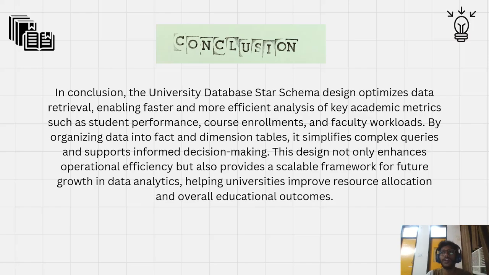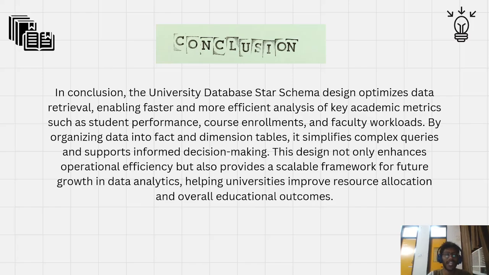So we have reached the end of our explanation. In conclusion, to say in brief, the university database star schema design optimizes data retrieval and enables faster and more efficient analysis for the institution to get the academic metrics for each student, like their performance and their enrollments.